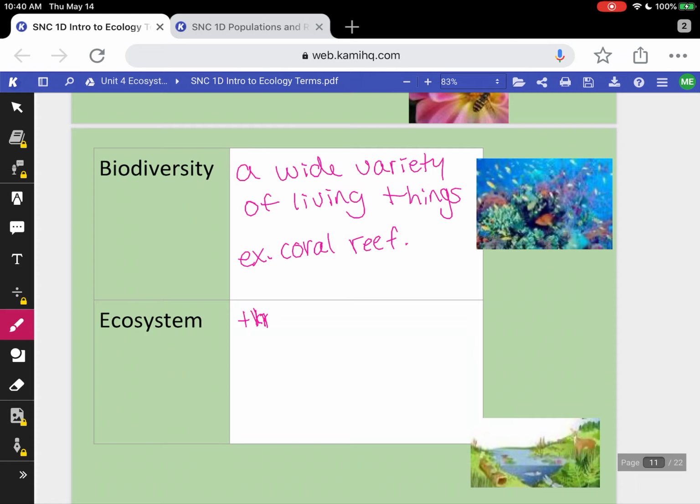And then an ecosystem is a system of interactions between living things and their environment.